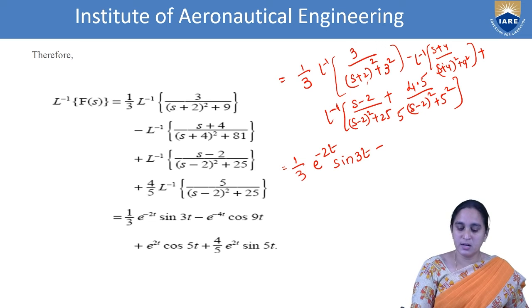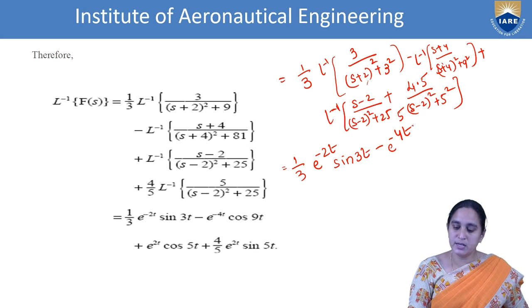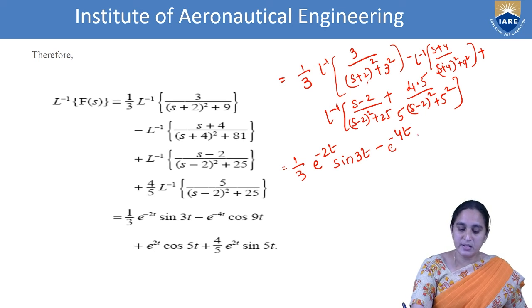What is the form of that? That is also applying the first shifting property, that is e power minus 4t into the remaining s by s square plus a square, that is cos 3t.